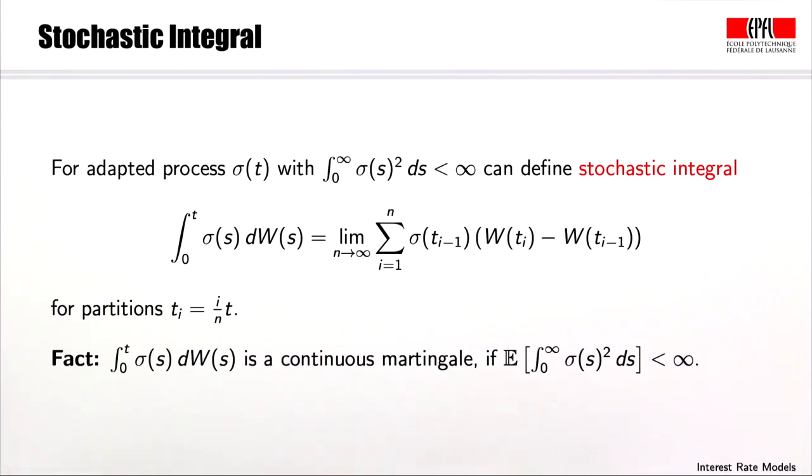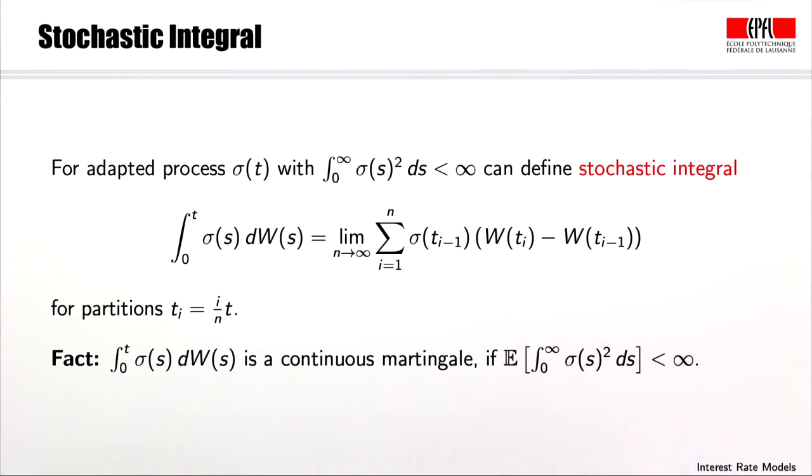Even though the rigorous definition of the stochastic integral is a bit more involved, we can think of it as being the limit of Riemannian sums as shown here, where we go over partitions of time and let the mesh tend to 0. It can be proved that the stochastic integral is a continuous martingale if the integrand satisfies a somewhat stronger integrability condition.